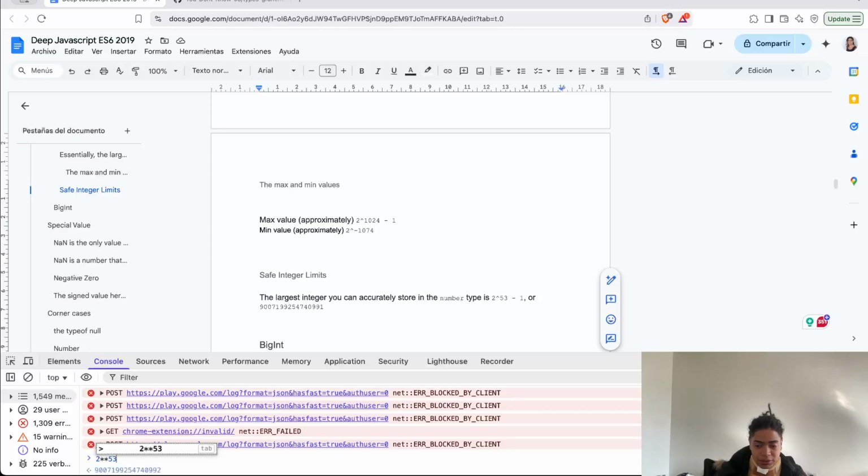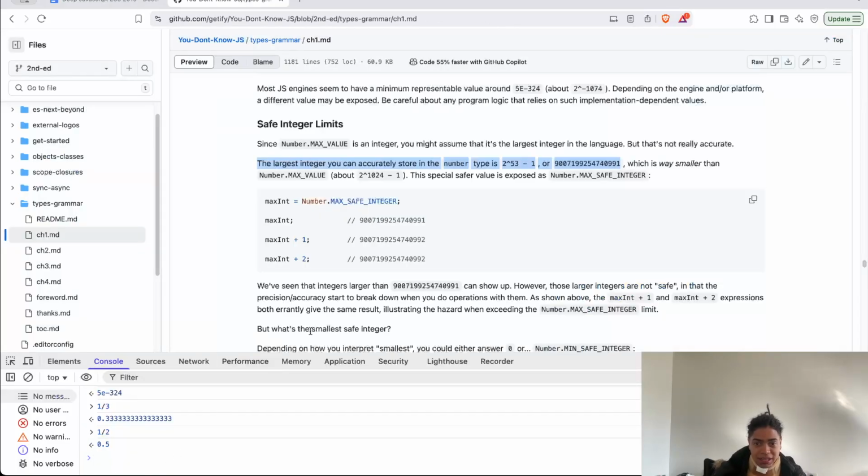And by accurately I mean that when you do some operations on that, things go wrong, which is way smaller than the number value that we expected.